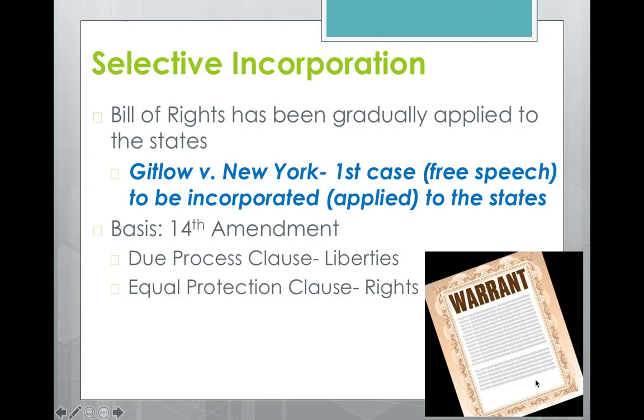The equal protection clause provides the rights for all, right? So the 14th Amendment, what it means to be a citizen in the United States of America, really had an overarching focus on not just the federal government with civil liberties, but also the states can infringe on civil liberties.